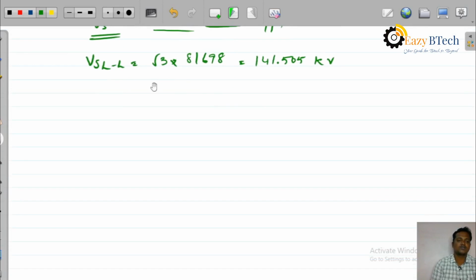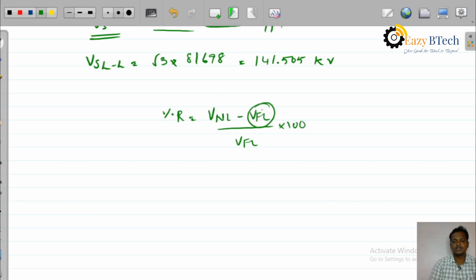The regulation is the percentage regulation. We know the formula: V no load minus V full load divided by V full load into 100. Here V full load is VR, and V no load is from the same formula. We know that Vs equals AVR plus BIR. Here IR equals 0, therefore this is the no load voltage.